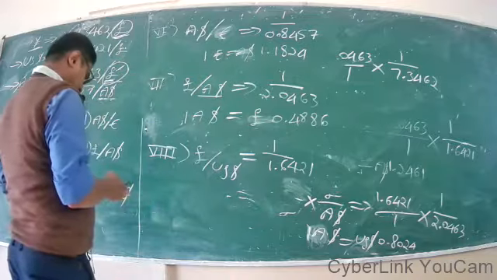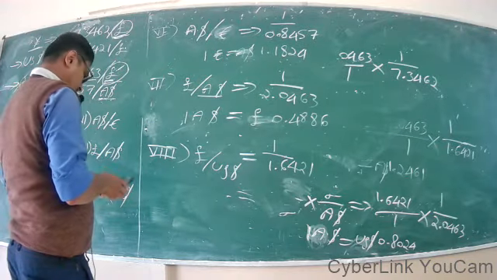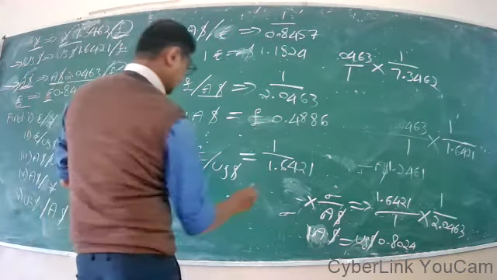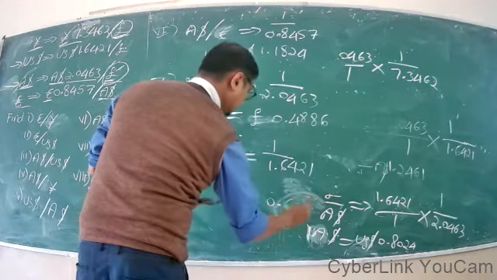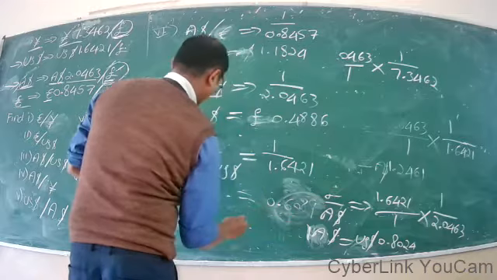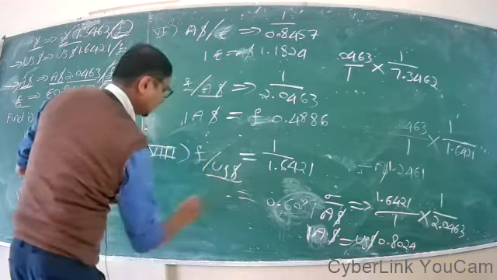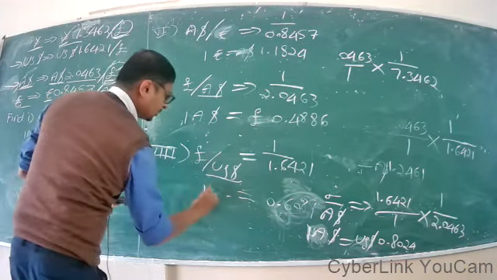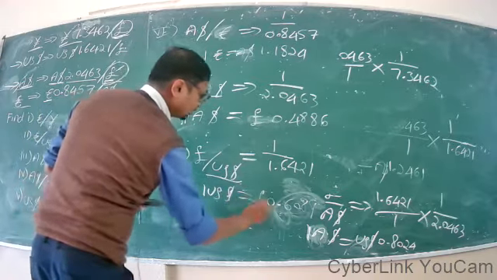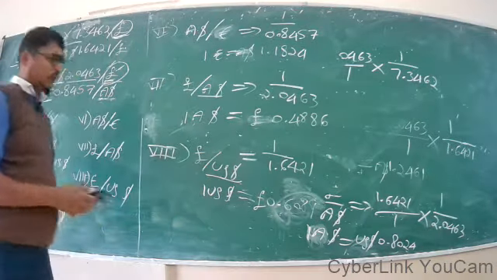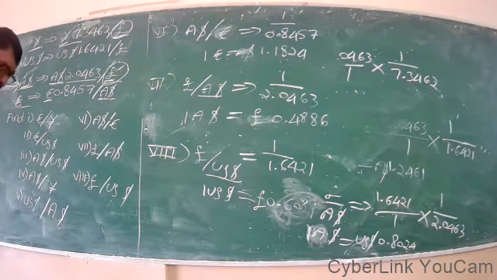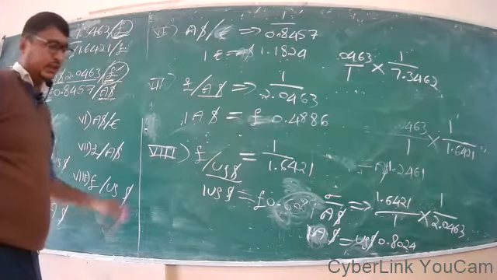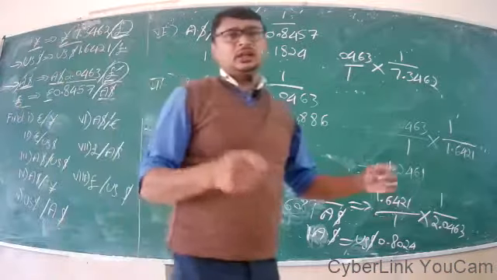That is 0.6089. They are asking sterling pound per US dollar. That means 1 US dollar is equal to sterling pound 0.6089. Right?